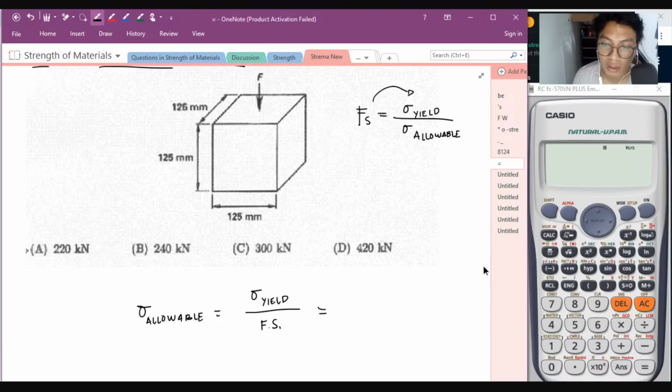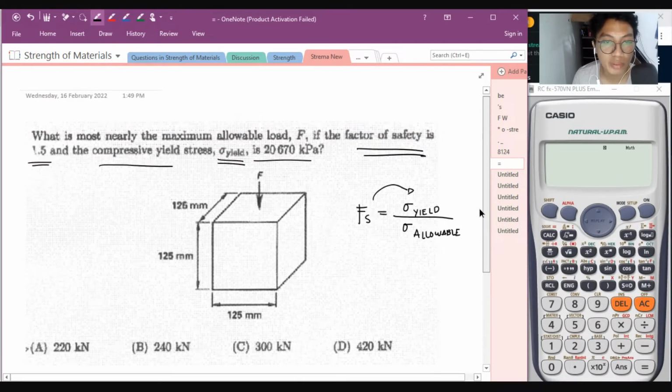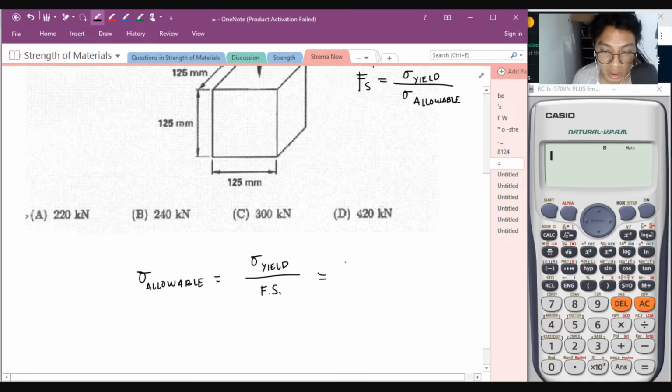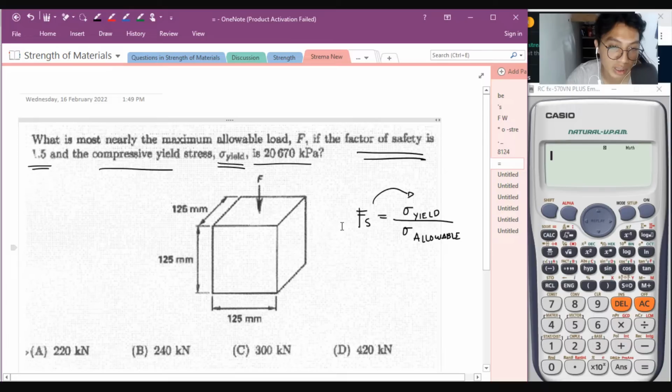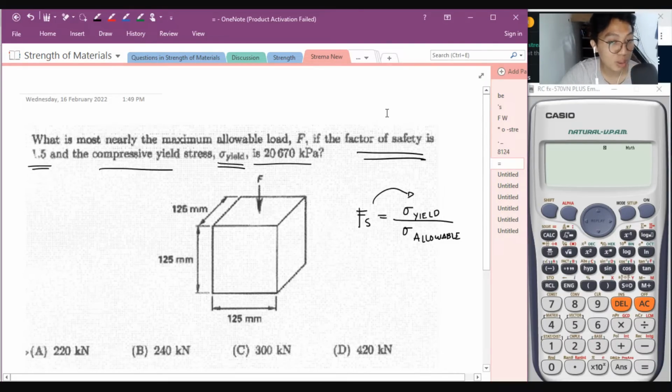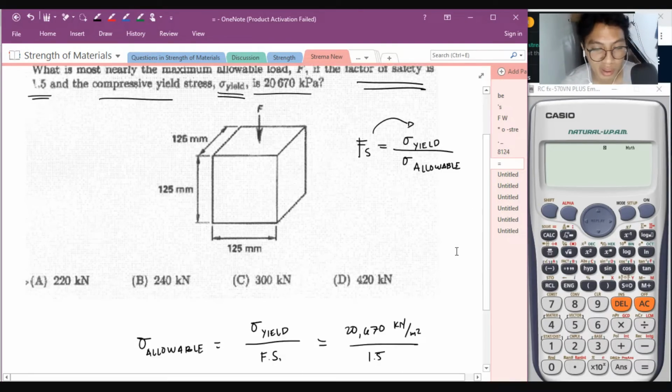So, allowable, yung yield, that is 20,670 kilonewton per meter squared. The factor of safety is 1.5. Divide muna natin ng 1.5 para makuha natin yung allowable strength. Allowable load, ang hinahanap dito yung F. Okay? F.